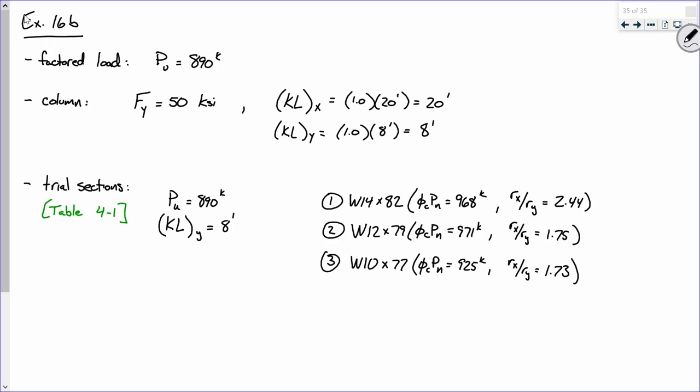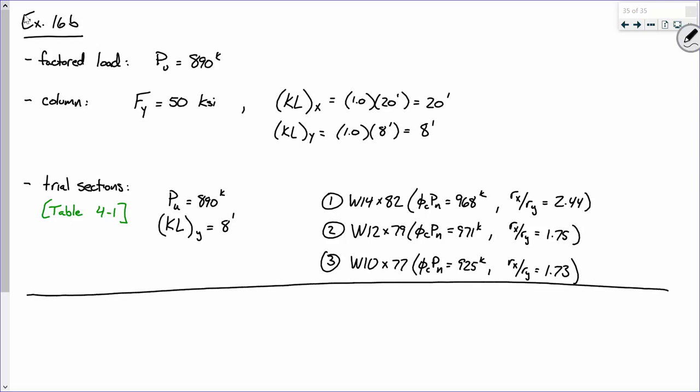So you'll see where that goes. Let's take these one at a time. Let's start off with trial section number 1, that W14 by 82. Now we know that that section has enough capacity about the weak axis. We do not know if that section has enough capacity about the strong axis. In order to quickly verify that, we need to convert this into one of those effective KLs.